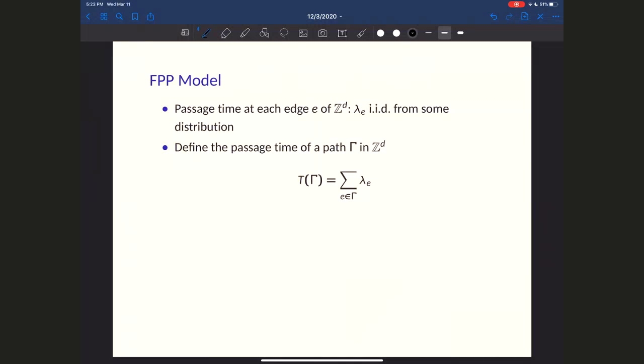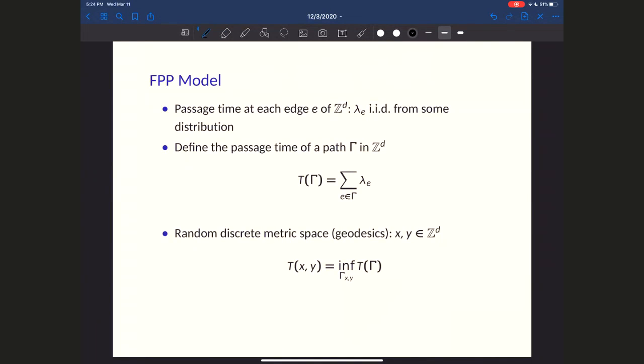If you choose x, and then choose a path to move to y, and you want to know how much time it costs to go from x to y, you add up the times on each of the edges of the path. Of course, this gives us a random discrete metric space, because each time we run the experiment again, we get a different metric space.